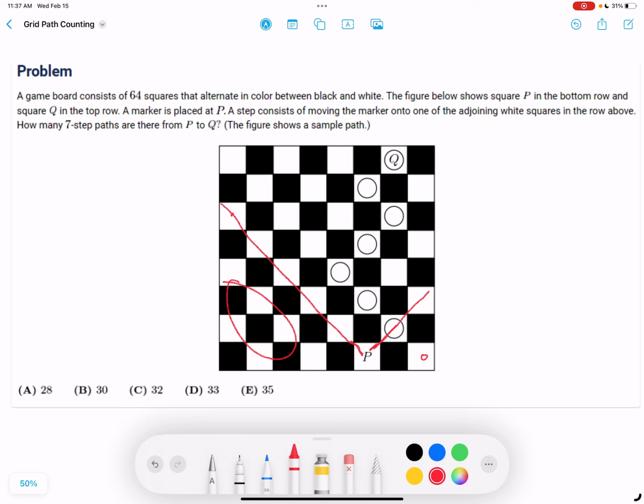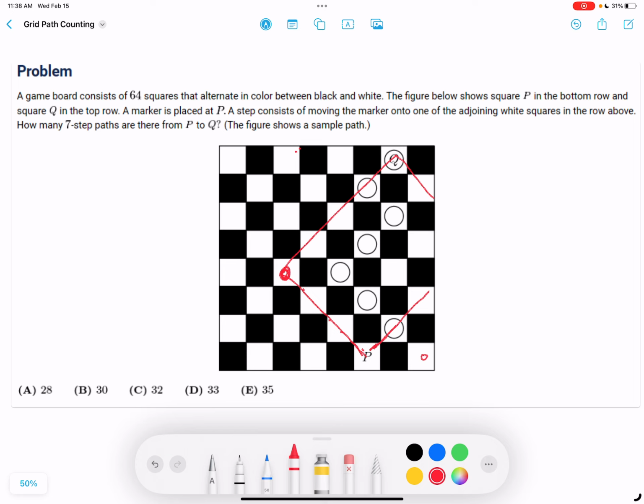But if you're here, you can never reach Q because the rightmost you can go is here. Similarly over here. So that means if you keep going left from P, the leftmost you can go is here. Okay? So now this problem becomes a little easier, right? So we're dealing with these white spots, right? P has to move within this area.